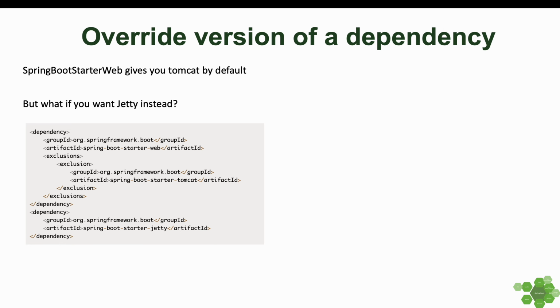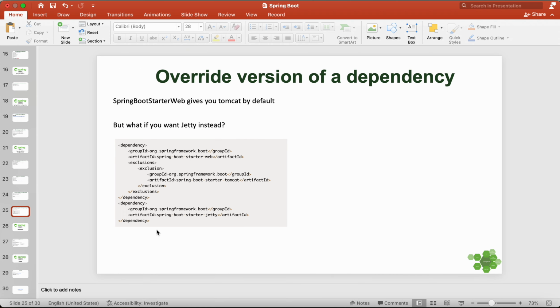But what if we are in a reactive environment and we want to use Jetty instead? Then there is an option for you. You can decide to exclude Tomcat and then add Jetty. So that's how you do it.